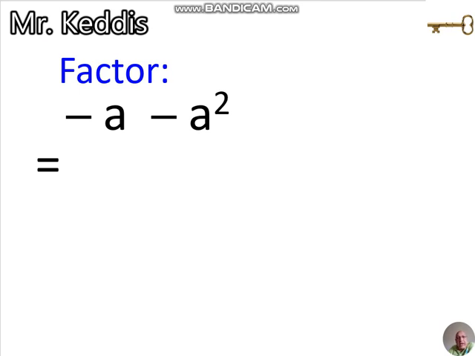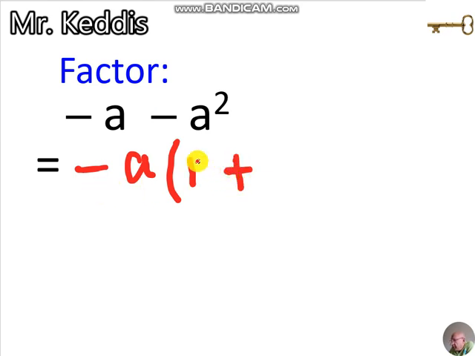We need to factor negative a minus a squared. I take negative a as the common factor. And negative a times 1. But here, negative a times what? You get negative. If I wrote negative here, the same sign as this one, negative times negative, I get positive. Means this sign must be positive.